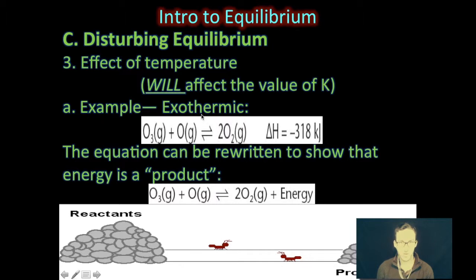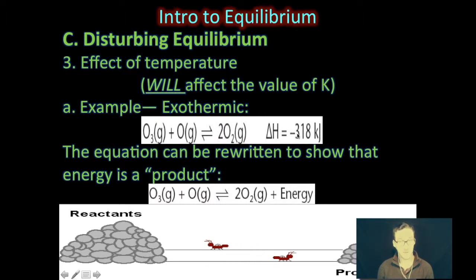And what's really important with these types of problems when you're trying to figure out how the system is going to respond, it's important to write your heat energy in as a reactant or product, depending on whether it's exothermic or endothermic. So the first example we're going to use is an exothermic reaction. Recall you're going to have negative delta H values.